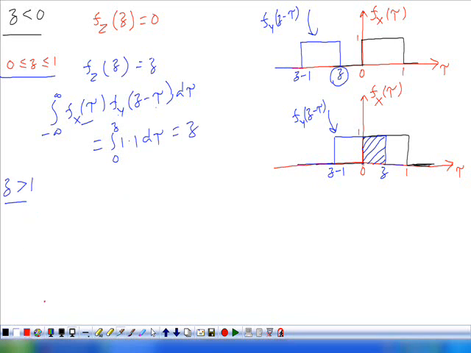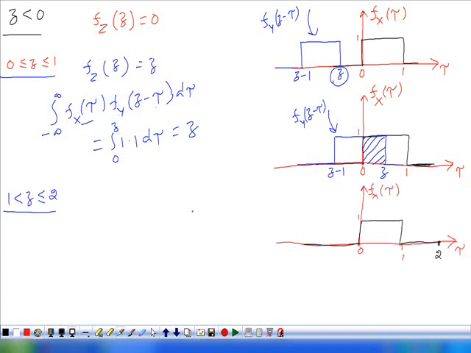Otherwise, you do one thing. Here you let 1 less than Z less than or equal to 2. You consider another interval. See, Z is now lying between 1 and 2. You can take any value between 1 and 2. Therefore, this is the Z. Then this will be the Z minus 1.